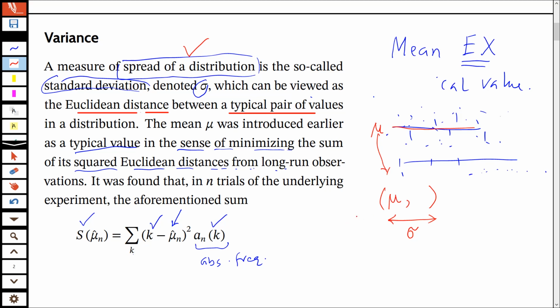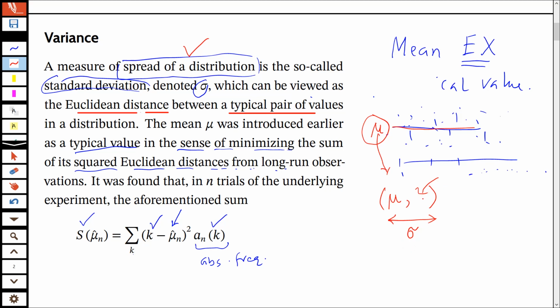Because if mean is a typical value, it must be part of this pair. If you say, oh, I should look for another value, then why did you pick this as your typical pair? So it is clear that one of the components of the pair is mu. Now, what is this second component? Now it's very clear. You have 2 points. One is mu. The other is such that the distance is sigma. We don't know the value of sigma yet. It's just something we are looking for.